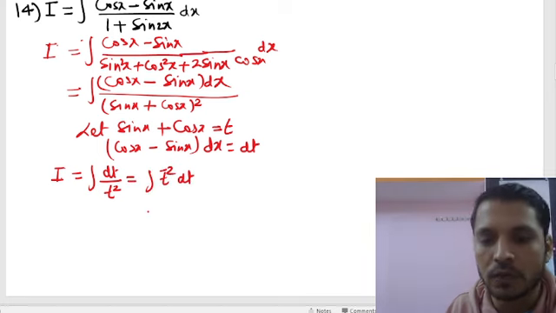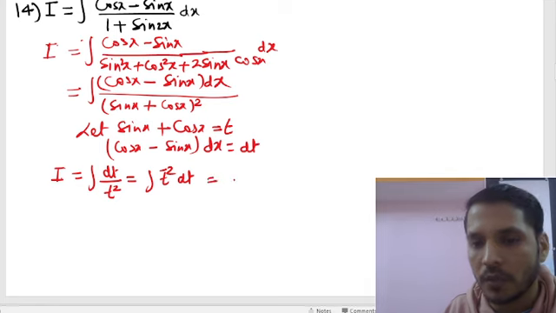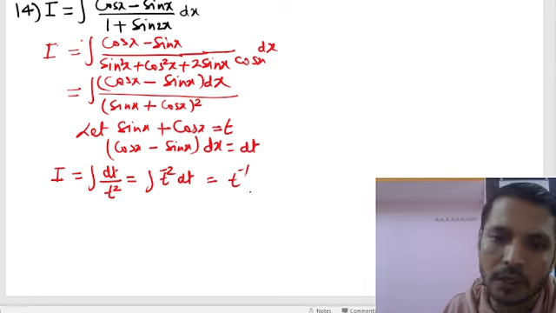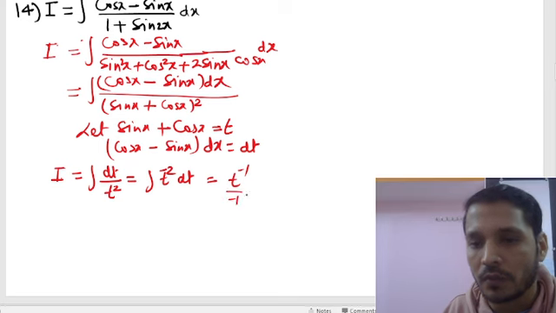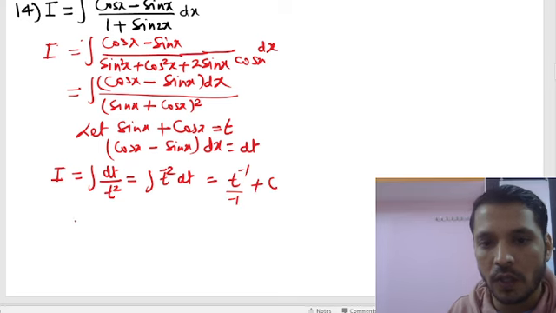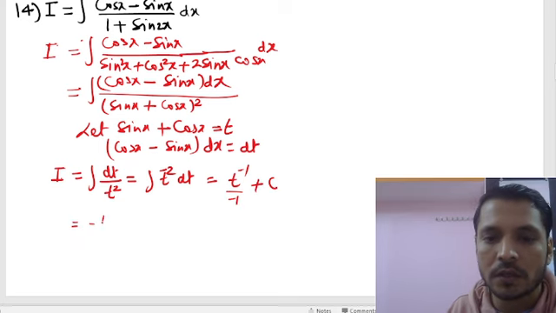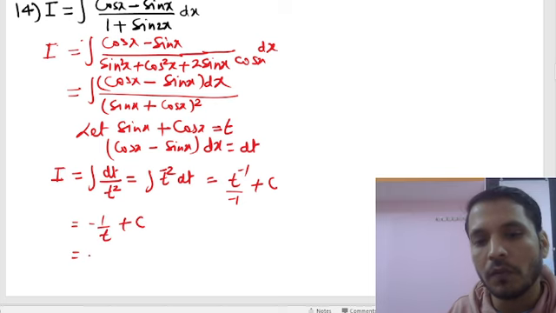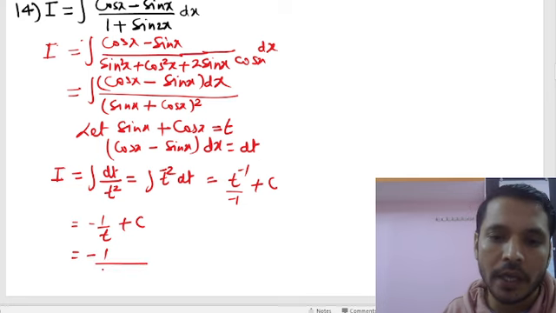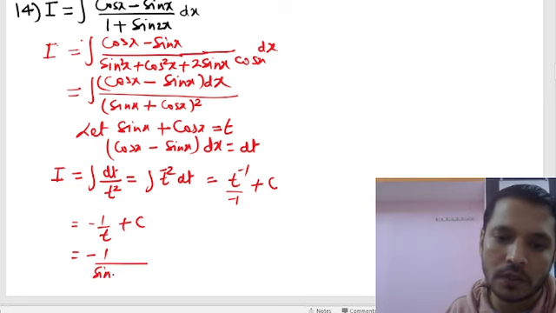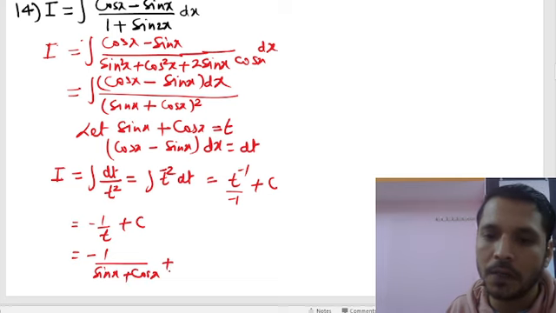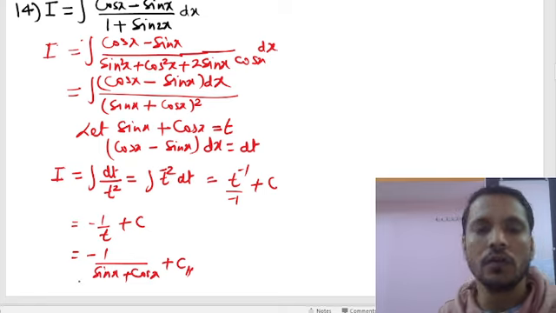This will become t to the power minus 1 by minus 1 plus c, which we can write as minus 1 by t plus c. So this is equal to minus 1 upon (sin x plus cos x) plus c. So this is question number 14.